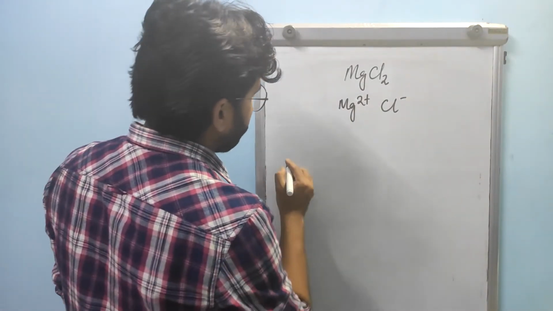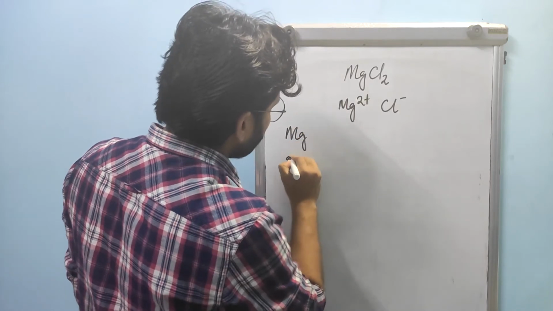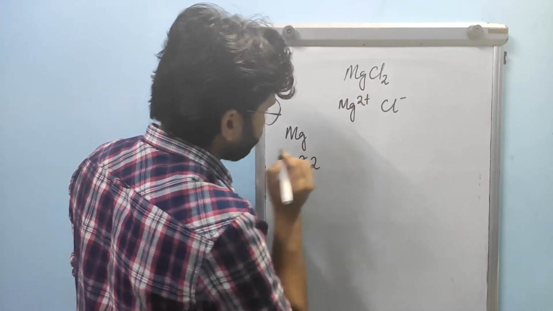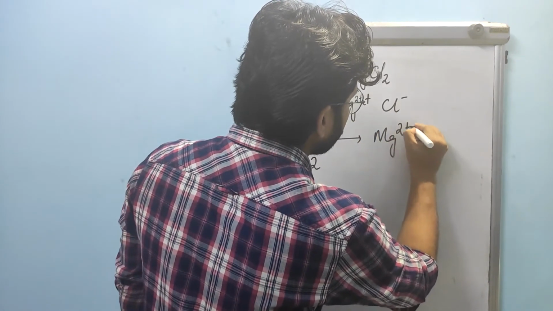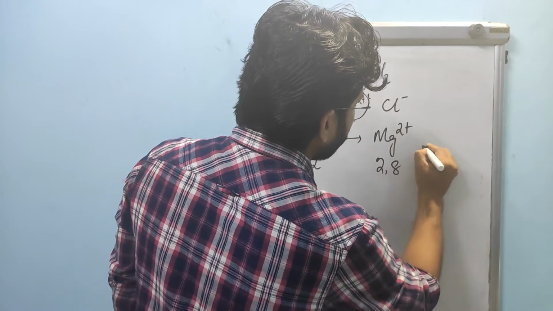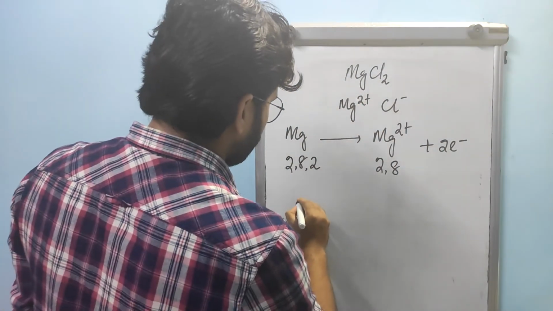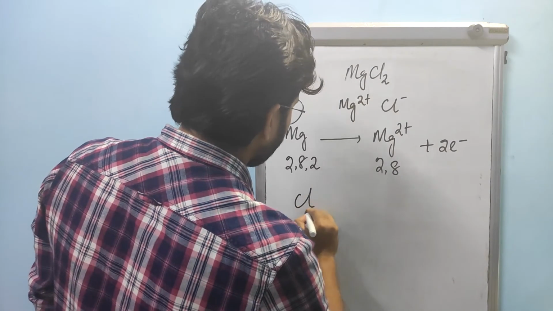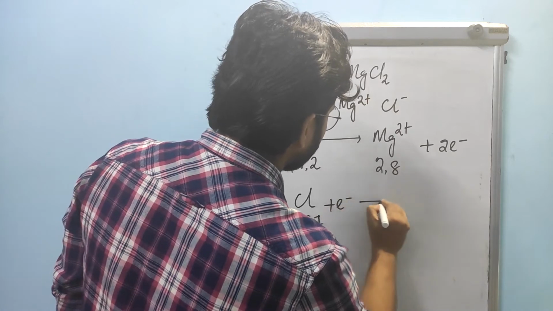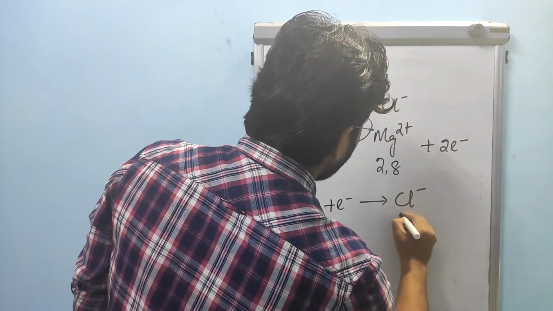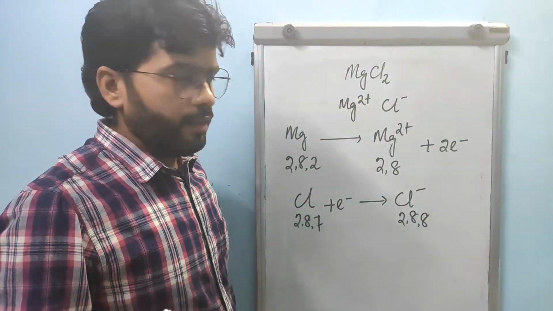Magnesium has the distribution Mg 2, 8, 2. It can easily lose 2 electrons, which gets converted into Mg2 plus with 2, 8. Chlorine, as we have already shown, 2, 8, 7 plus 1 electron, gets converted into chloride, 2, 8, 8.